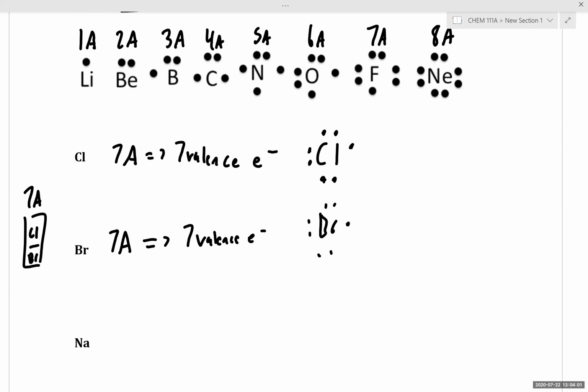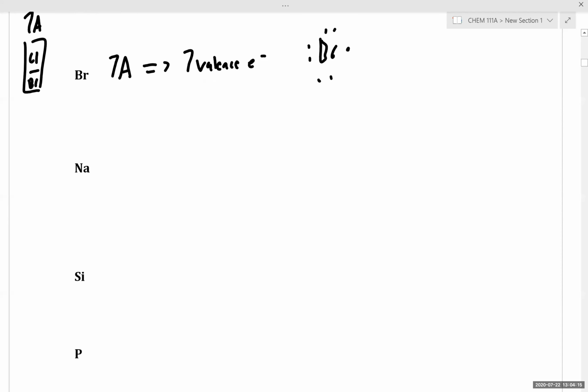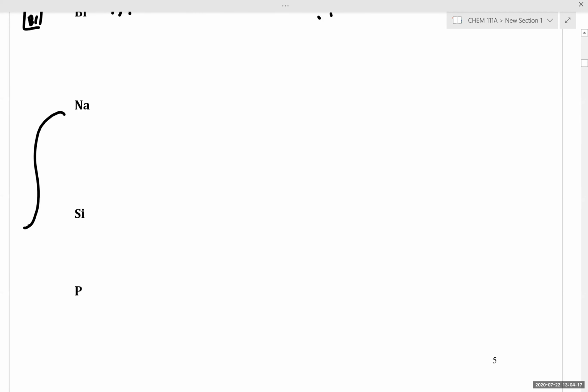What I'd want everyone to do now is keeping in mind that this overview of Lewis dot structures for each of our groups in the periodic table can be applied to every element in that group. I would like you to write out and draw a Lewis dot structure for each of the 3 elements. And you're welcome to share your responses in the chat by indicating how many dots, how many valence electrons should I draw for each element.